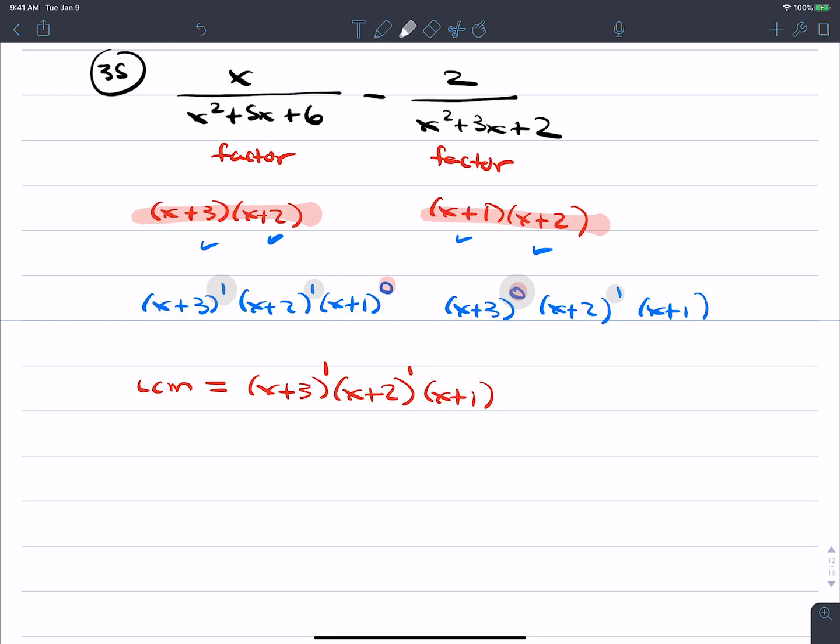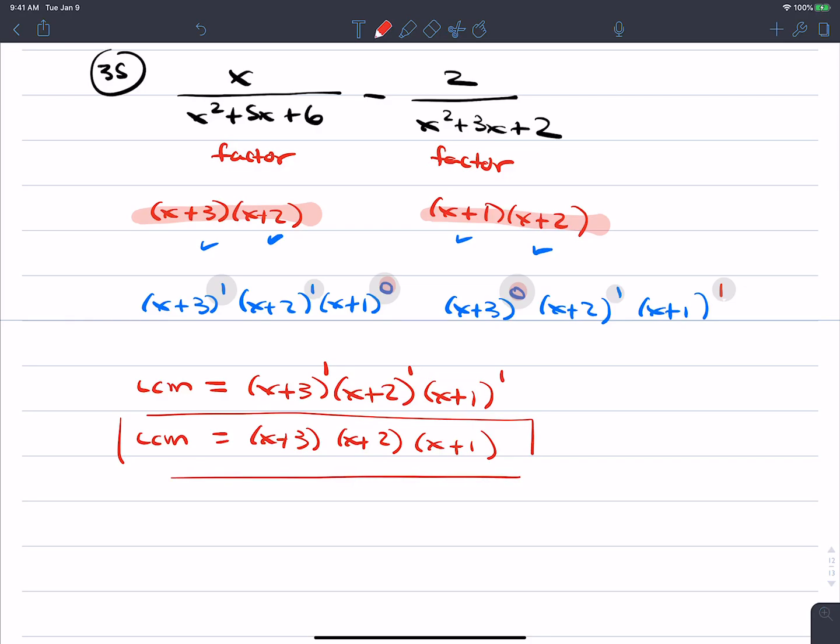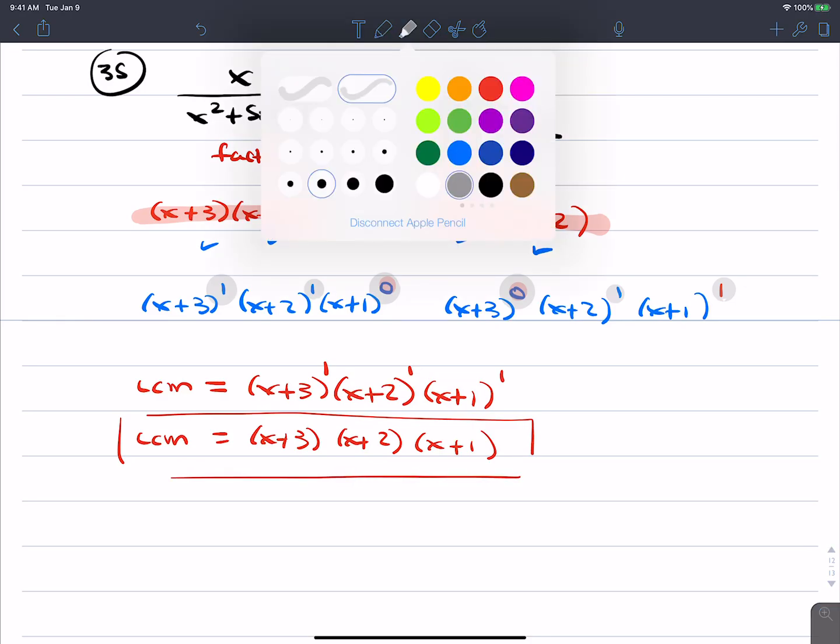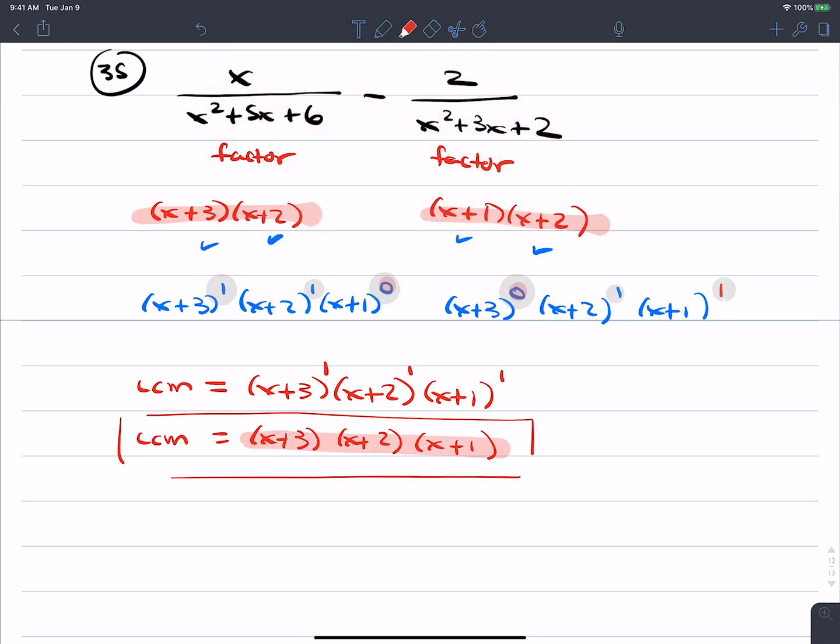For the x plus 1 term, we compare 0 with 1, and the largest power again will be 1. So my LCM really is x plus 3 times x plus 2 times x plus 1. This is our least common multiple.